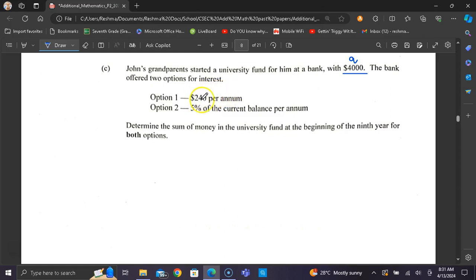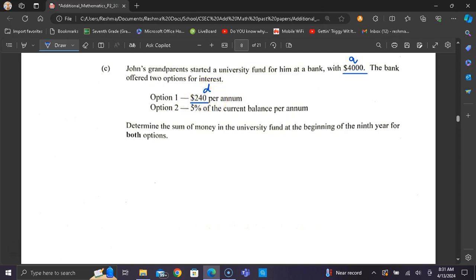So this is a constant amount that the interest increases by every year. So this means $240 represents what we call the common difference in an arithmetic series. All right. So d is $240.